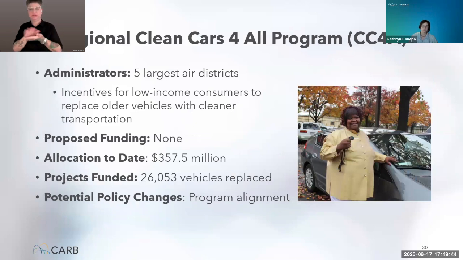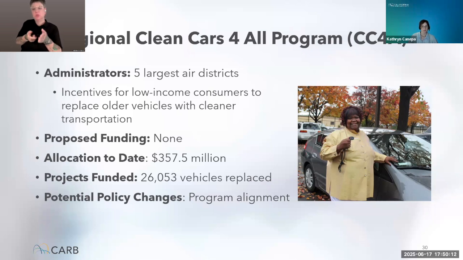The Regional Clean Cars for All program is a scrap and replace program that provides incentives of up to $12,000 to low-income consumers as they replace their higher polluting vehicles with cleaner transportation. The regional programs are currently administered by the 5 largest air districts in California. No funding has been allocated this year, but other funding was recently made available through Carl Moyer State Reserve co-funding and Assembly Bill 100.